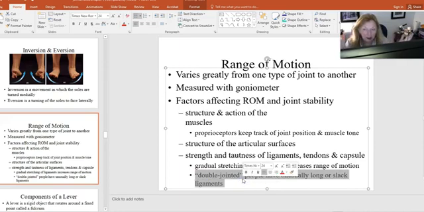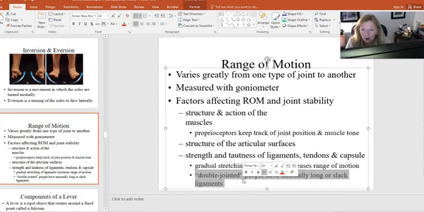That might seem beneficial, but actually it's not. If somebody has too loose ligaments, that joint is at a higher risk for injury. Now, we can certainly extend our range of motion by working joints, keeping active and staying flexible.